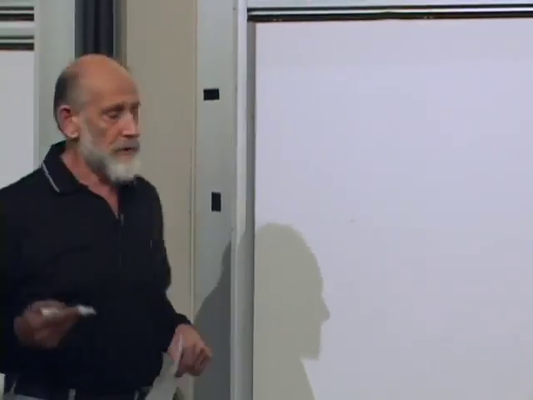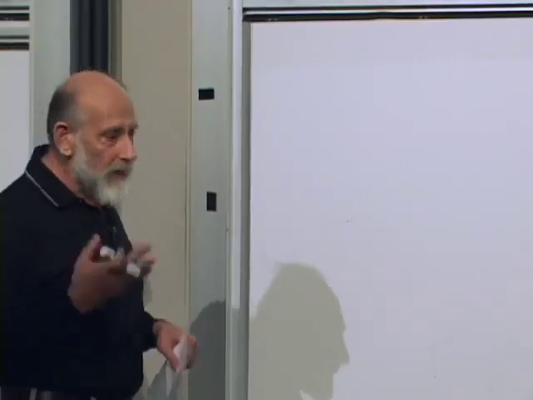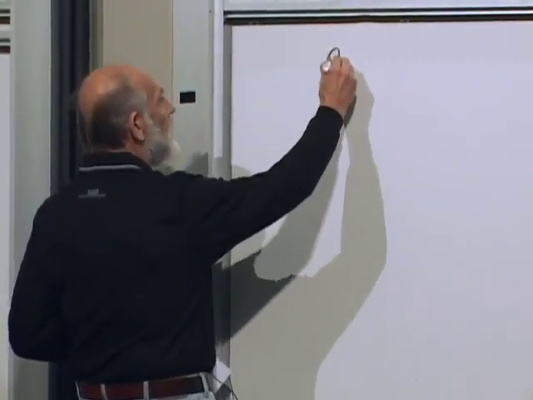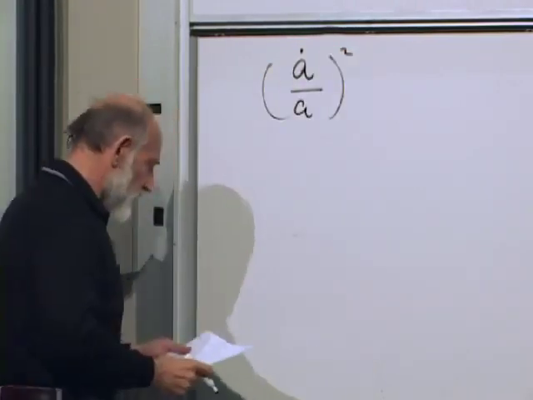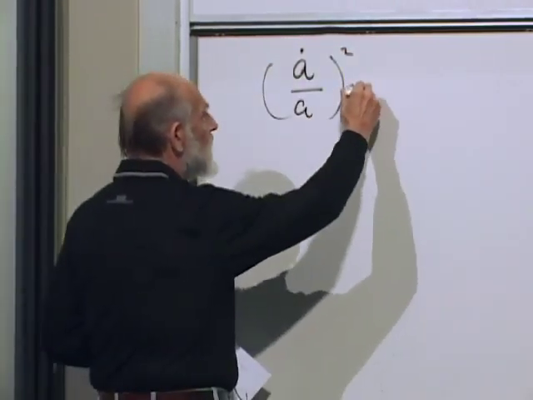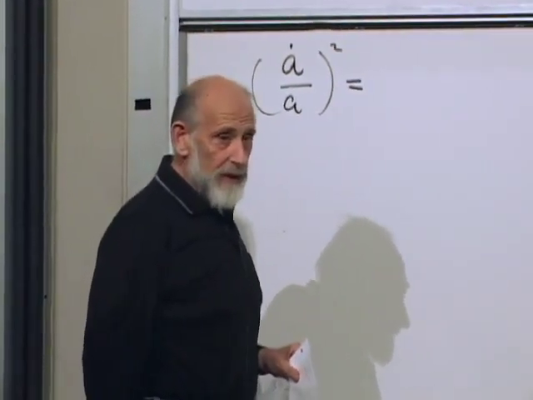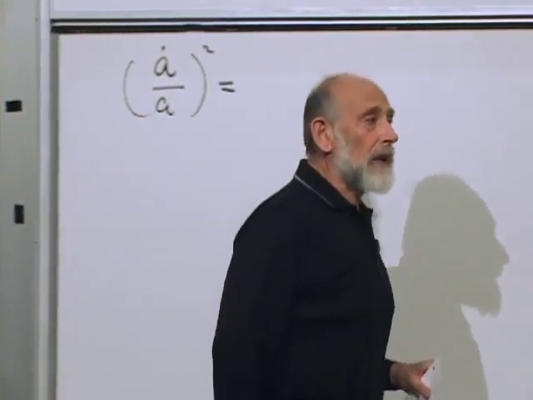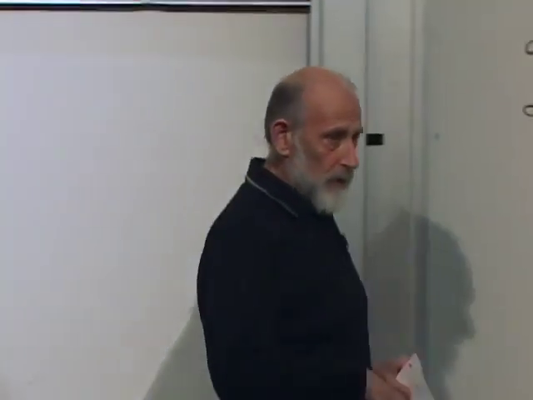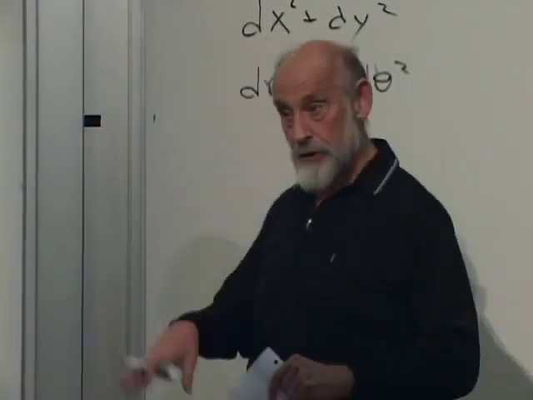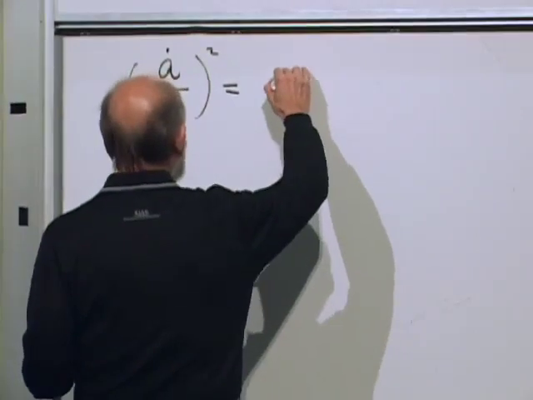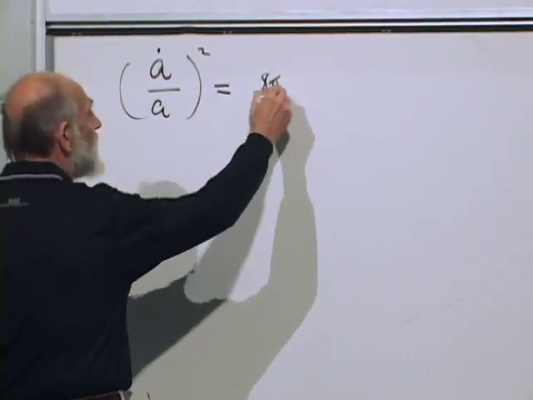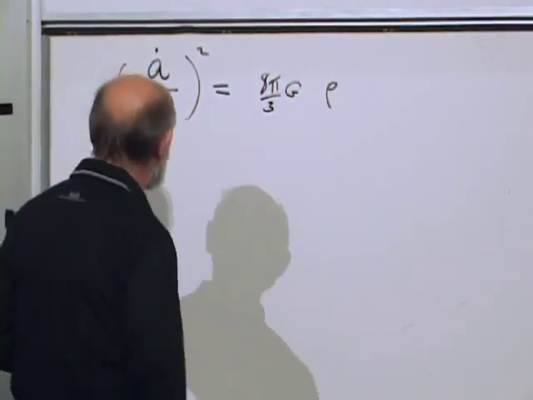Einstein's equations are the same as the Friedmann-Robertson-Walker-Lemaitre equations. (a dot over a) squared is equal to the energy density, and I'm going to take the case of flat space, although we may want to modify that later, the case in which space itself is flat, not space-time, but space. And in that case, what goes here is just 8 pi over 3 times Newton's constant times the energy density.